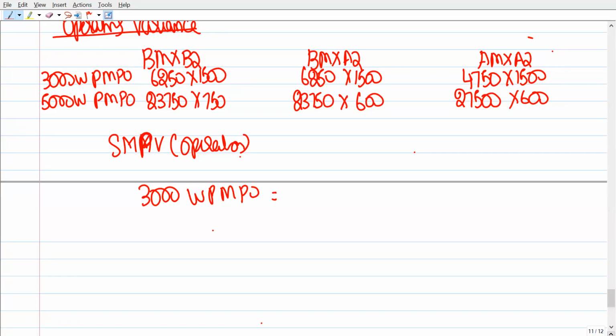Sales margin price variance, operational, 3000 W PMPO and 5000 W PMPO.